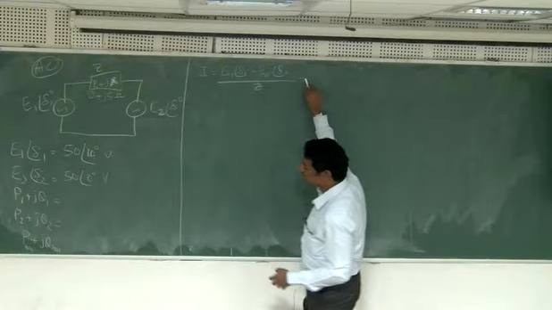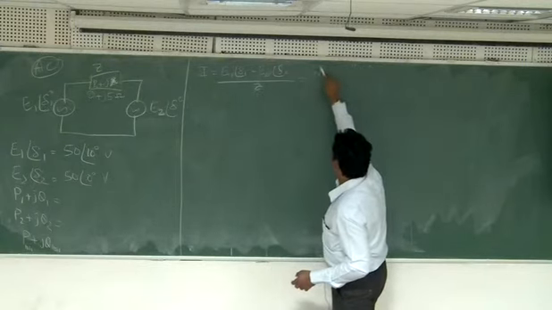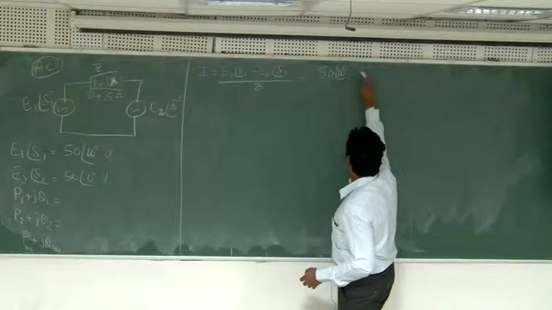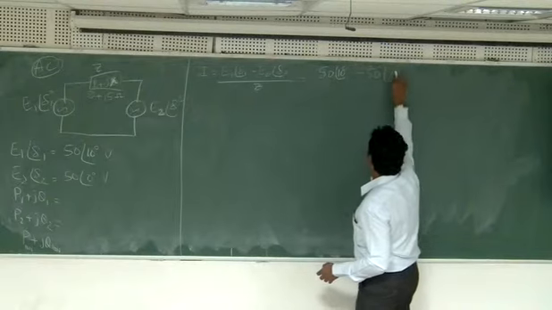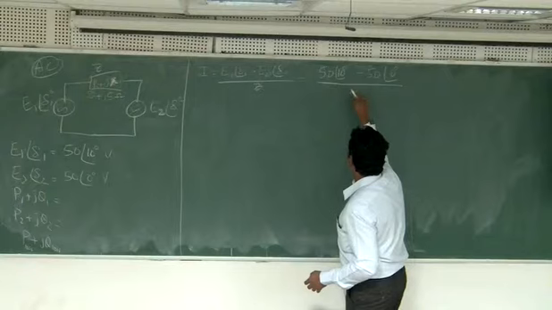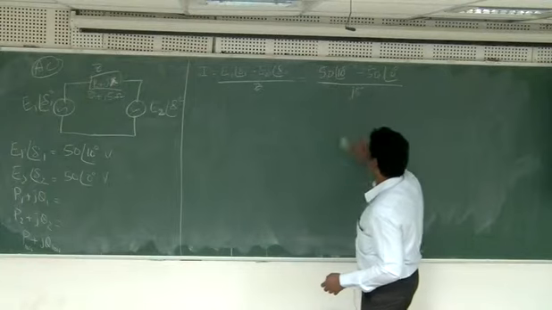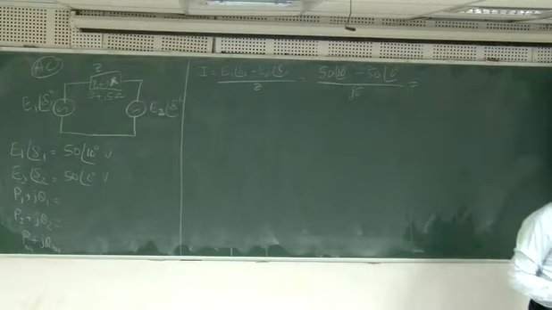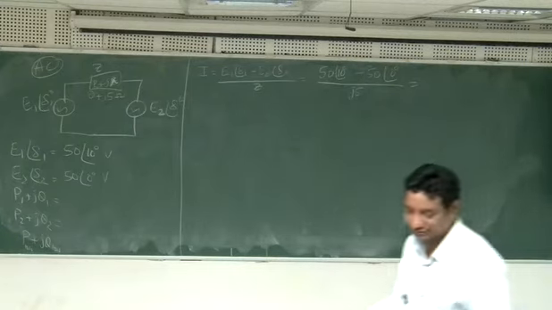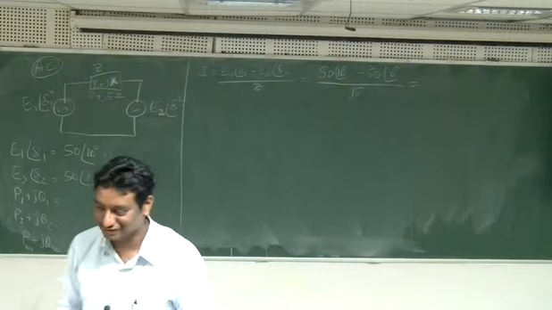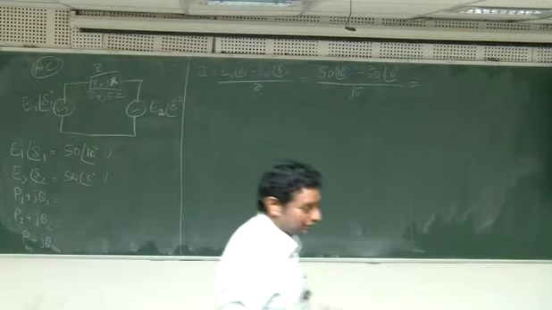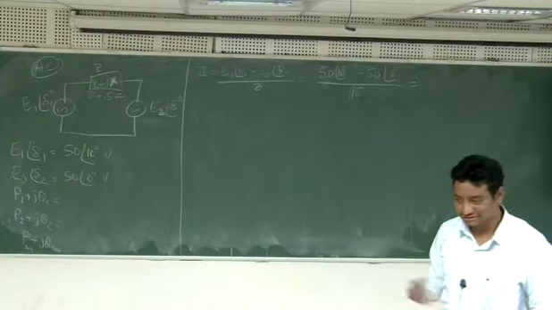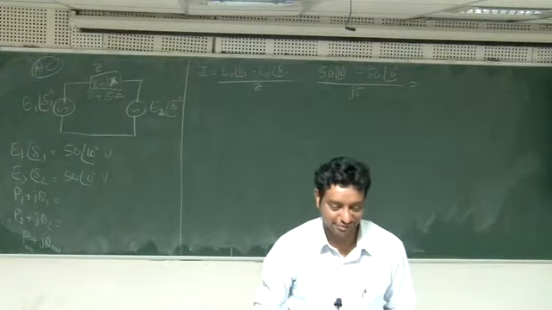So that is now 50 angle 10 degrees minus 50 angle 0 degrees divided by j5. Okay. So now you need to take out your calculators and calculate. As I already told you, there are so many calculations like this you will have to do, so a calculator is a must.